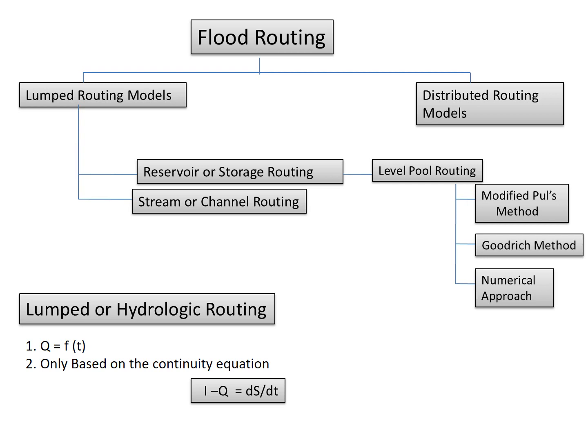So we can determine the outflow for any time, but in a distributed model we have to analyze the outflow for any given location as well as for the time. That is, the outflow will be a function of the location as well as the time. So the distributed model is much more complicated and the computation is much more difficult as compared to the lumped model. So the lumped model is most widely used for flood routing in hydrology.